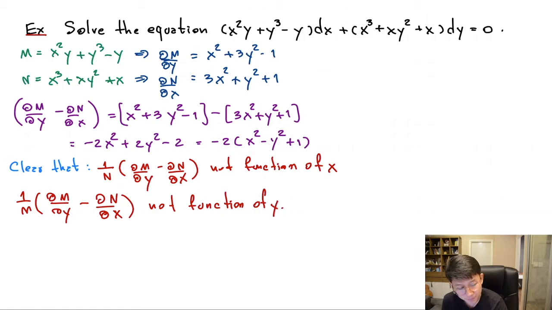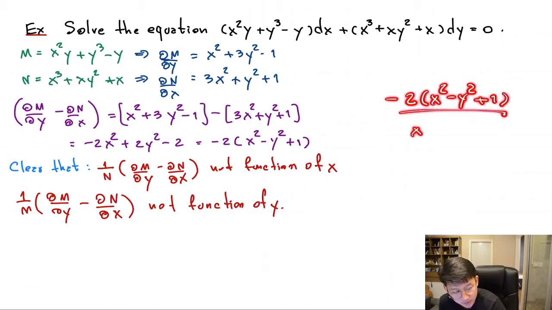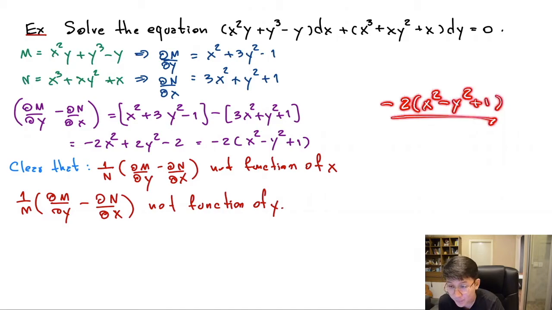Because this guy is minus 2 times x squared minus y squared plus 1. If you divide that by M, I'll write it again: minus 2 x squared minus y squared plus 1 divided by M. M is x squared y plus y cubed minus y. And that is definitely not a function of y.